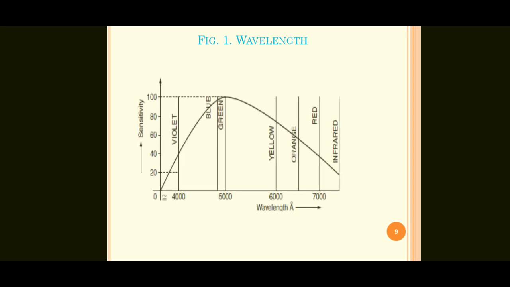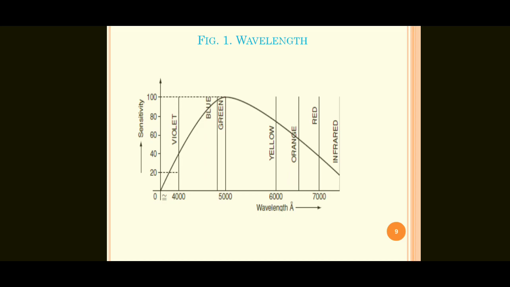Here the y-axis represents the sensitivity of the human eye and the x-axis represents the wavelength, from 4000 to 7500. So you have to remember this, it is very important for ESET exams and also competitive exams. Definitely one question will come from this wavelength graph.